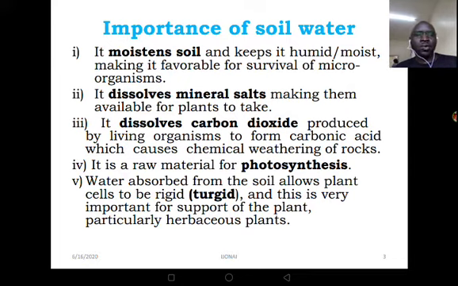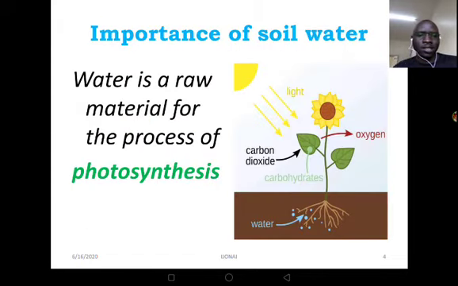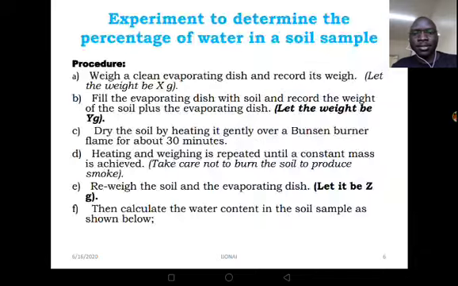These plants require water for them to stand strong, for their cells to be strong. So those are some of the advantages or importances of water. You can see a plant there photosynthesizing using water as a raw material that we mentioned here.